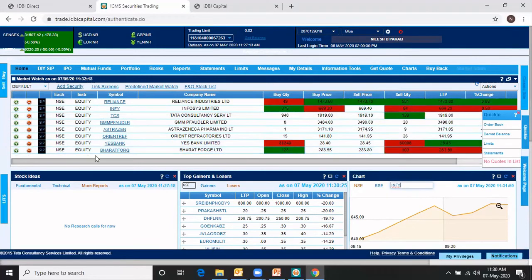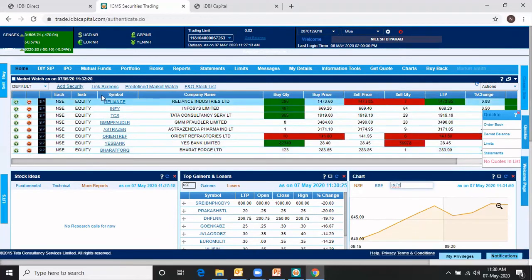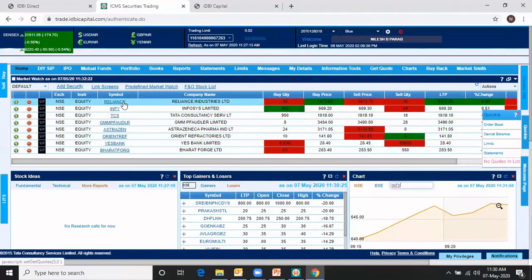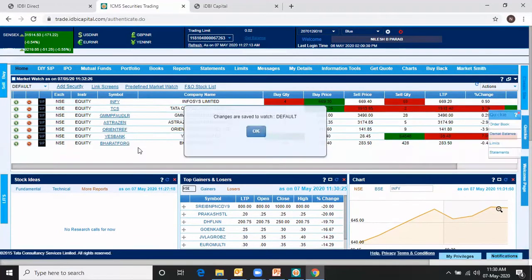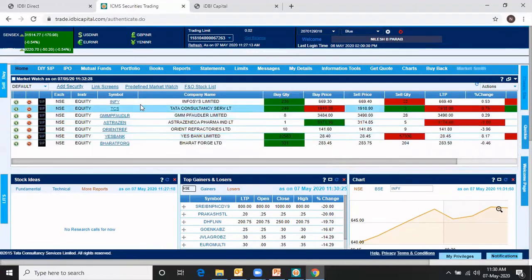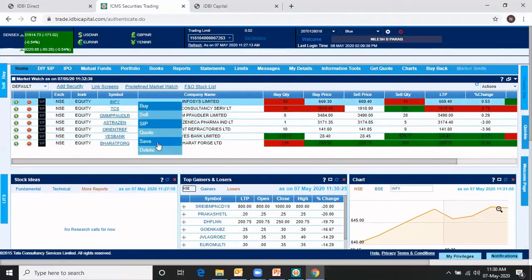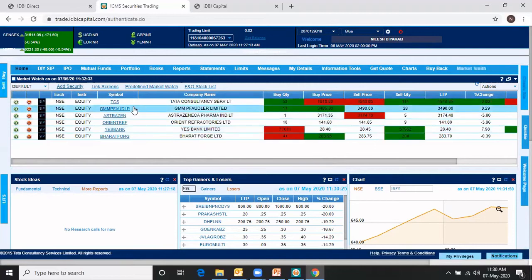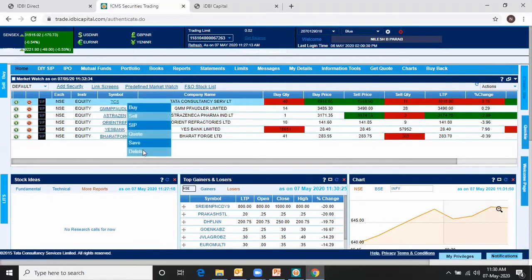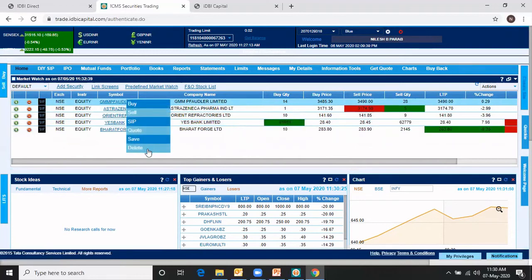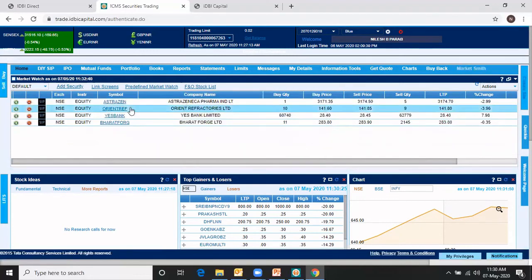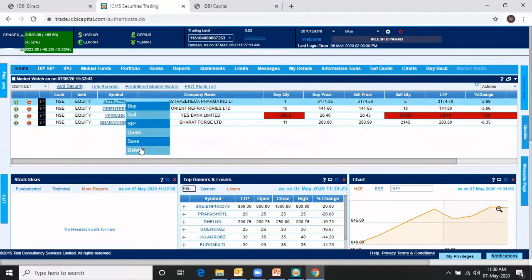So coming to a particular stock, I'll delete a few stocks. I want to delete Reliance. What we will do is delete a few and then add certain stocks so that you will be able to see how to do it. So I am deleting a few more.